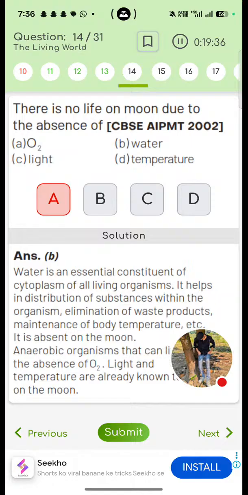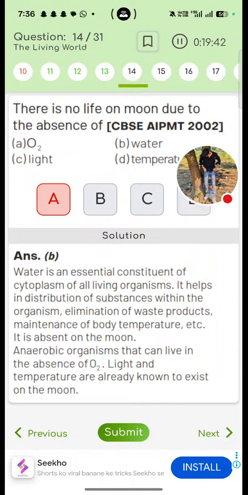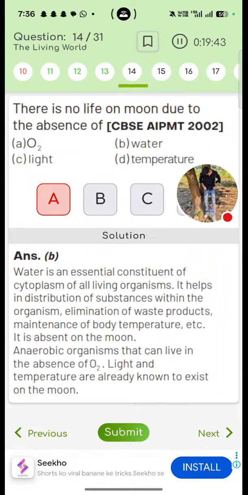There is no life on the moon due to the absence of water. Water is an essential constituent of cytoplasm of all living organisms. It helps in distribution of substances within the organism, elimination of waste products, maintenance of body temperature, etc. It is absent on the moon.